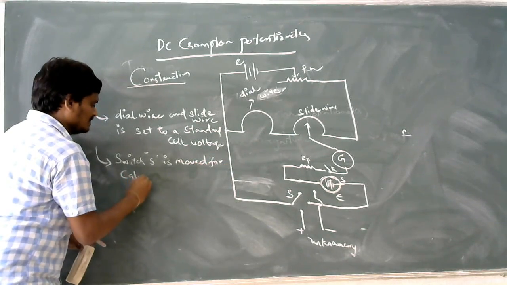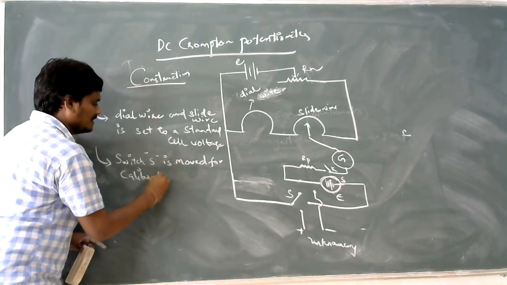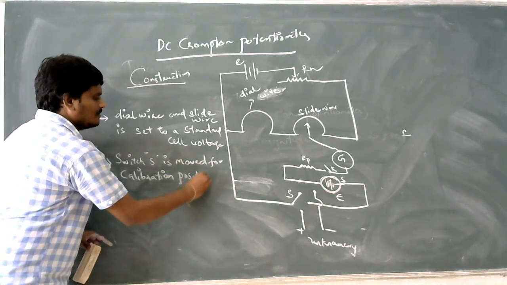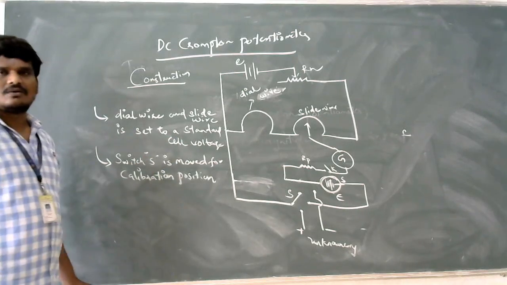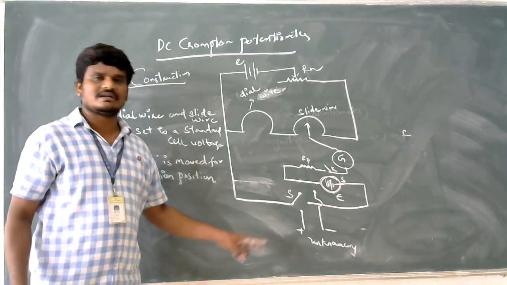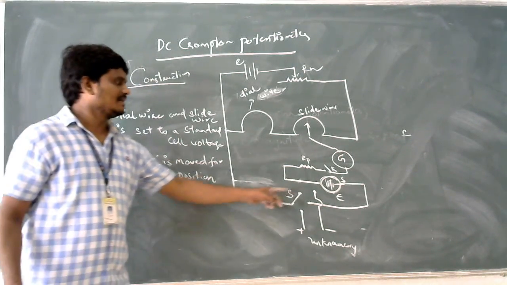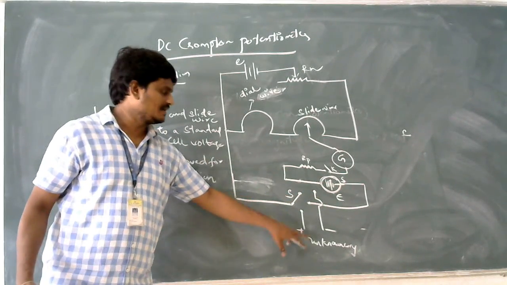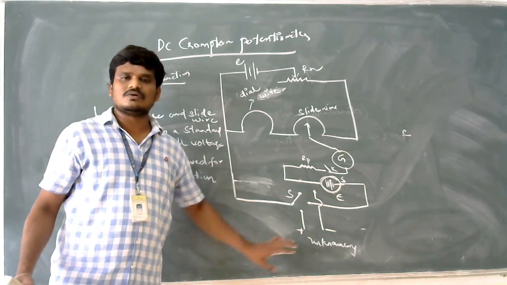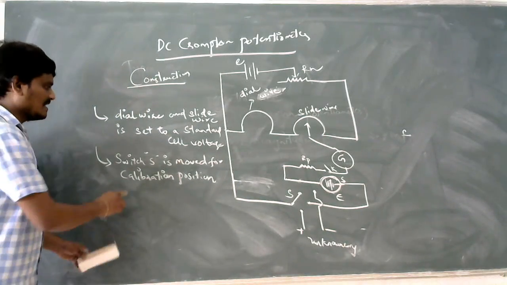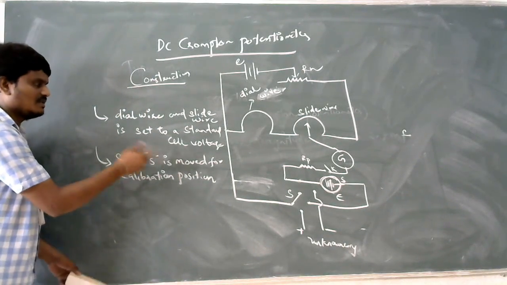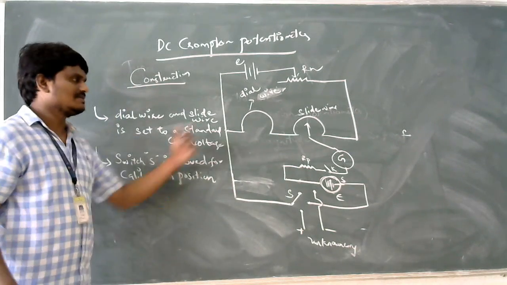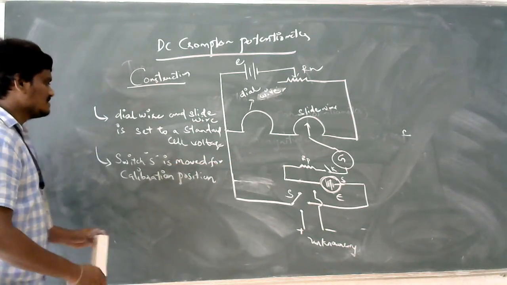That is, it needs to be connected to the standard cell. Why? Because here the switch is connected between two parameters. Either it can be connected to a standard cell, or the same switch can be connected to calculate the unknown EMF of a cell. In the second step, I am going to use the switch S for the calibration position. That is, the switch S is directly connected to the standard cell here.